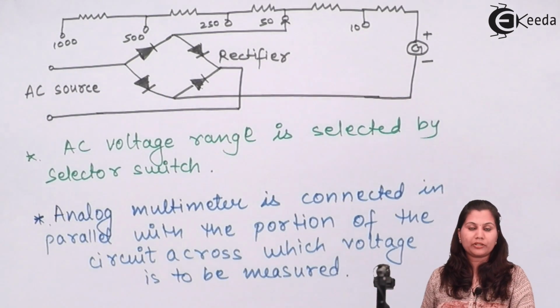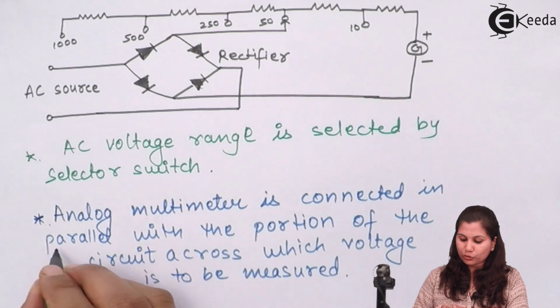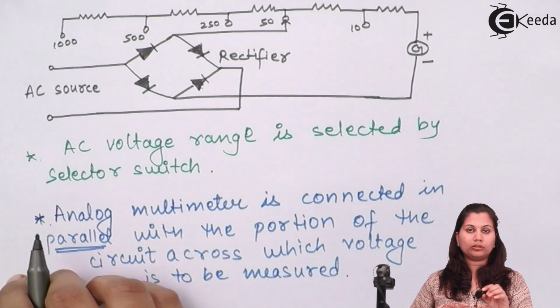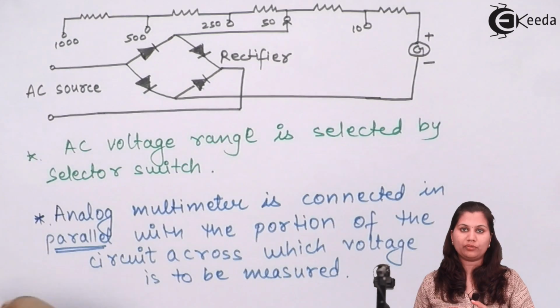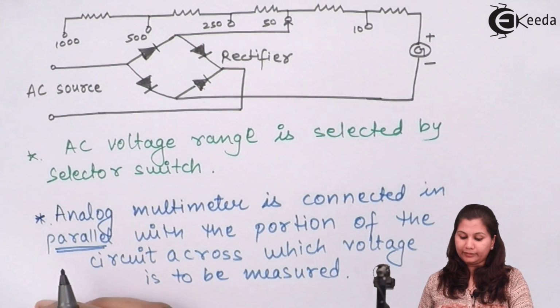So for voltage measurements, the analog multimeter is to be connected in parallel along with the portion whose voltage we want to measure. And according to the range of the voltage measurements, the range selector switch is being connected.